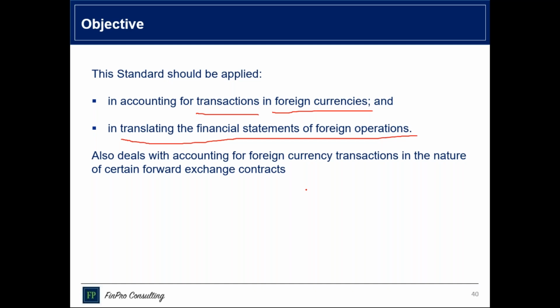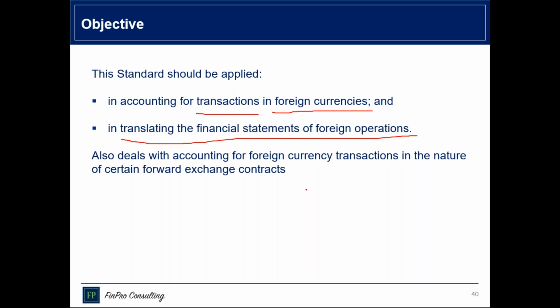Okay. There could also be a scenario where the forward contracts are entered into for hedging of forecasted sales or firm commitments for which we do not have any underlying asset or a liability. Such scenarios are not covered by AS 11.